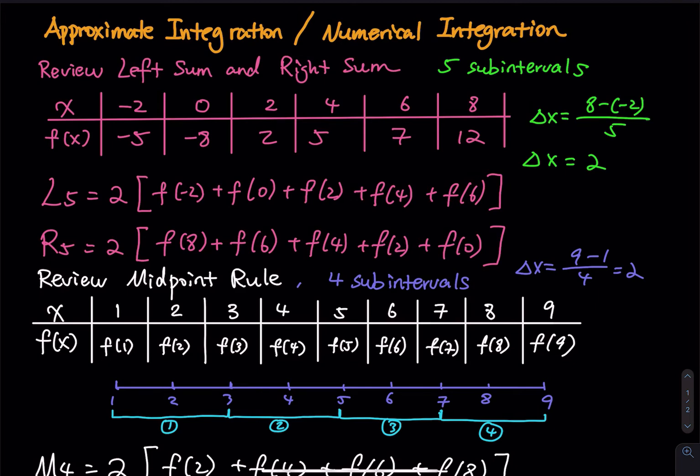After you distribute the 2, 2 times f of 8 is the height of the first rectangle on the right. 2 times f of 6 is the second rectangle from the right, and f of 4 times 2 is the third rectangle from the right, and so on. After you add up all the products, the sum equals the area under the graph of f of x using the right sum with 5 subintervals.